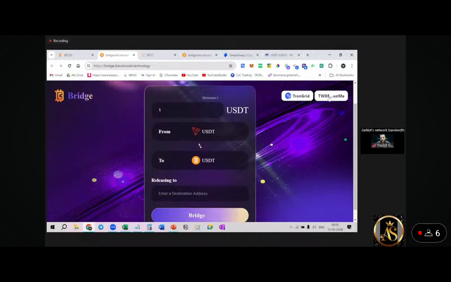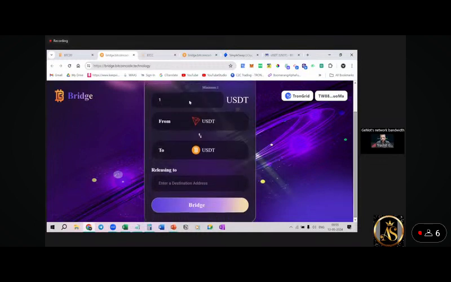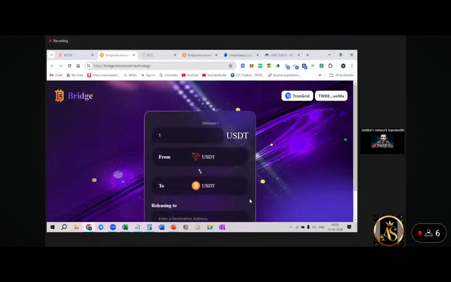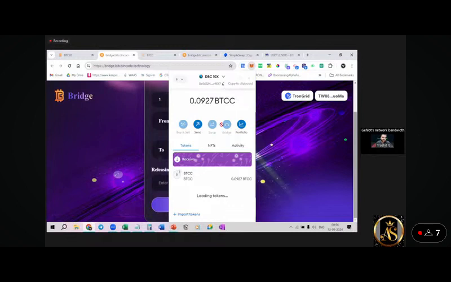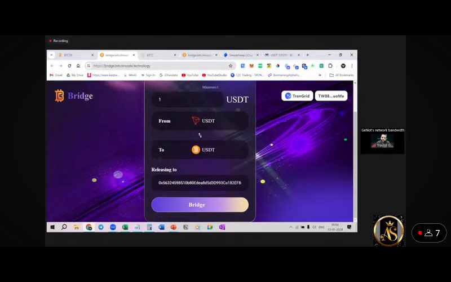I have already connected my Tron wallet, and from it I am converting TRC20 to BTC20 USDT. Where this USDT BTC20 will be released, you can put in the destination address, which would be your MetaMask wallet address. You put it over here. Now your Tron wallet is connected, and you have put in the wallet to release to, so now you can bridge in.